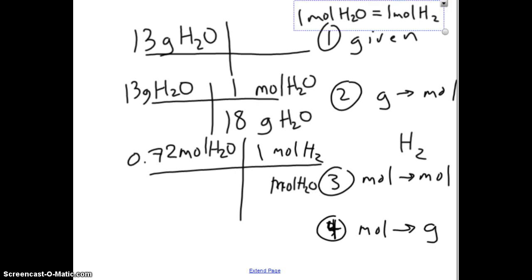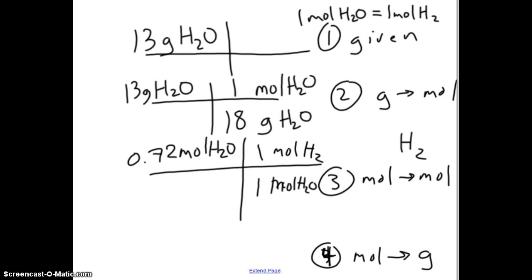And 1 mole of H2O goes here, so we put a 1 in front of that for 1 mole of H2O. Well, you take 0.72 and multiply it by 1, and then divide by 1, you get 0.72. So we're done with step 3. Nice job. Moving on to step 4.